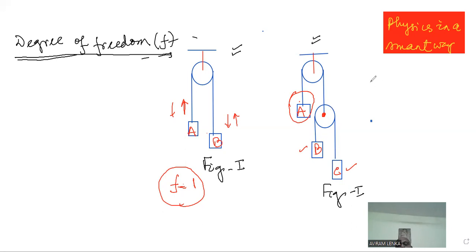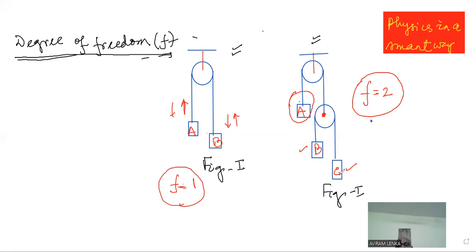Only when two bodies are restrained can the motion of the whole system be stopped. So the degree of freedom for this will be equal to 2, whereas in figure 1, the first pulley system, the degree of freedom was 1.